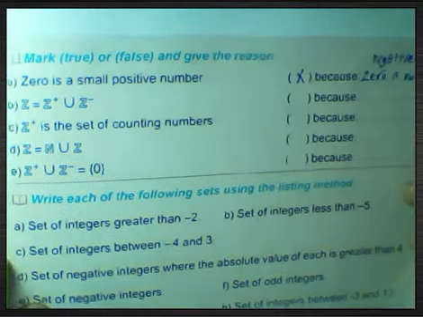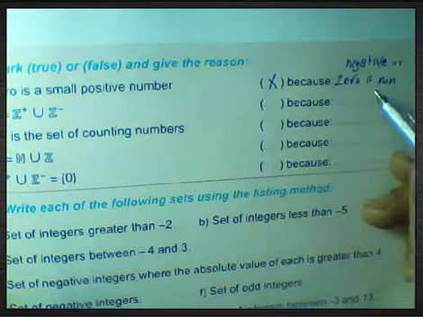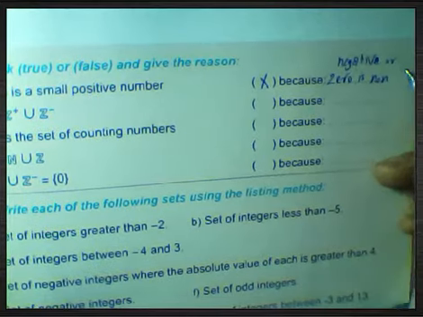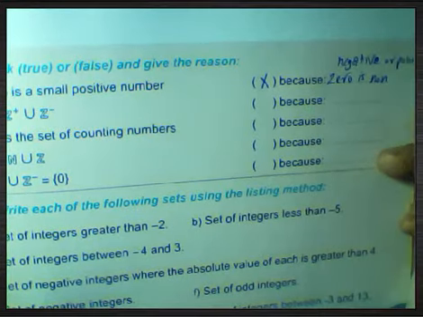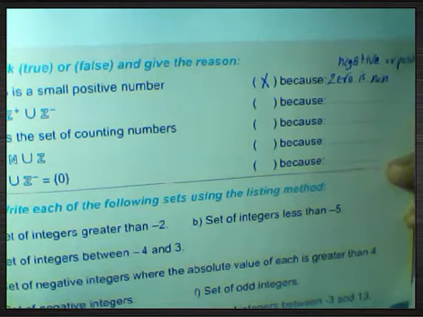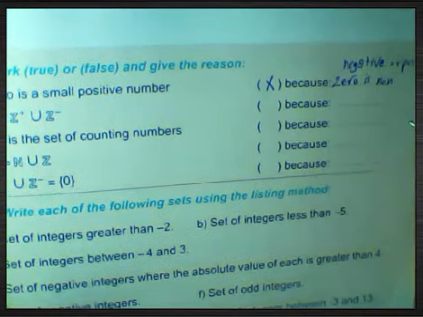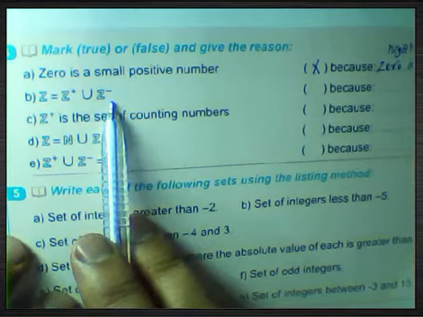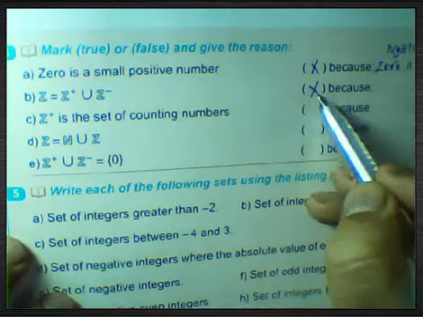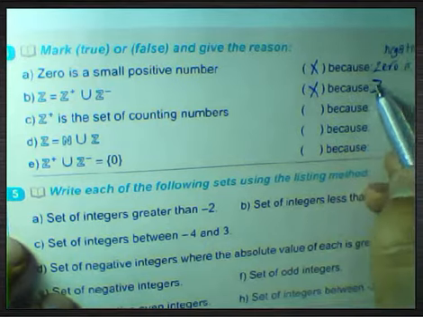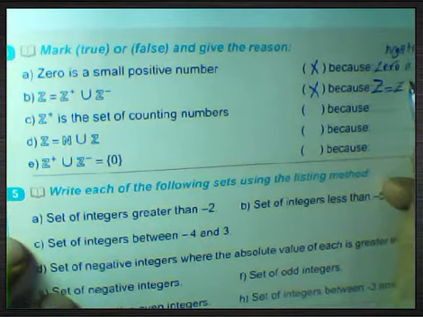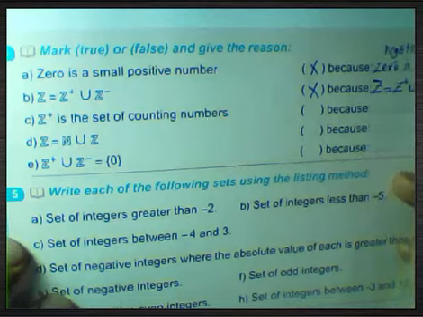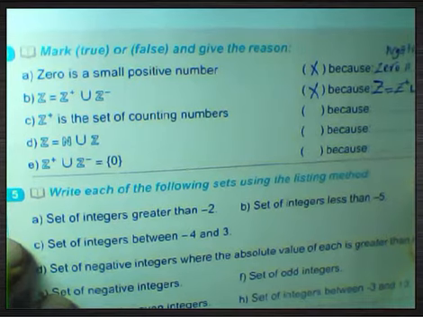Z equals Z positive union Z negative union the set of 0. So false, because Z equals Z positive union Z negative and the set of 0.